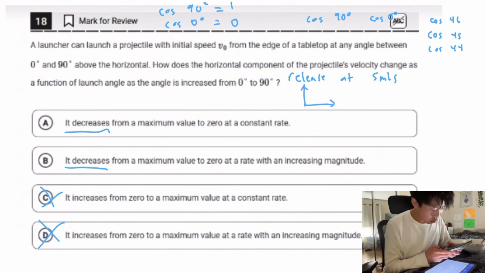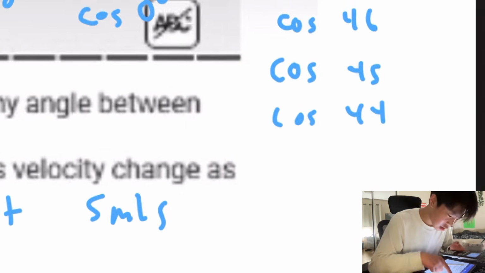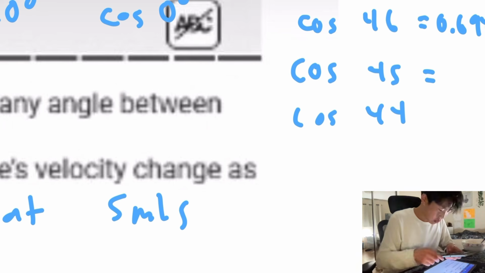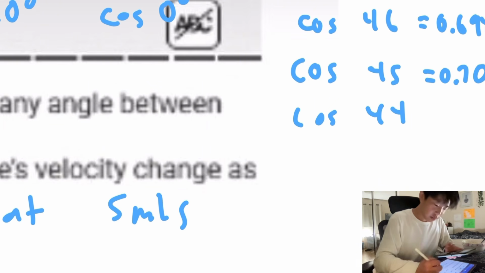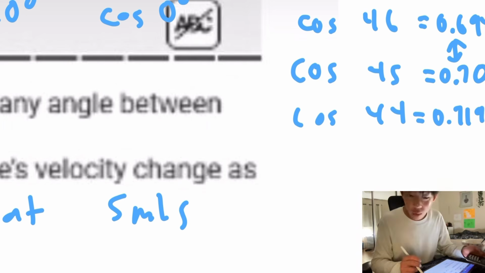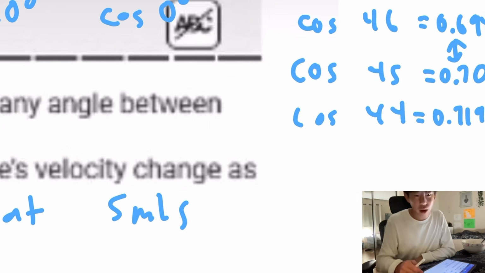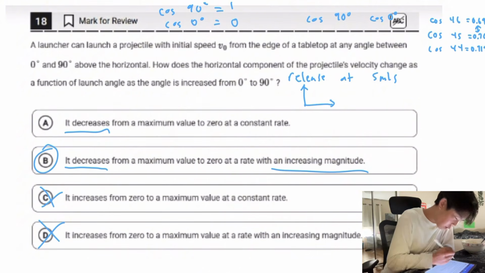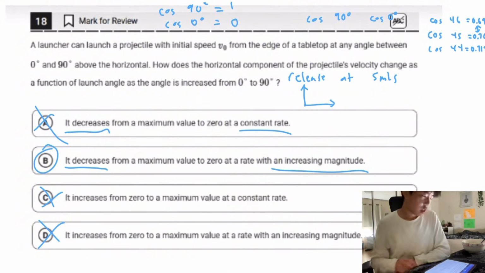Long story short, all you need to know is that the difference between these two is not constant and they're always changing. Cosine 44 and cosine 45 are not like 0.1 apart. They change. So it's increasing magnitude. Boom, it's not a constant rate. Get out of here.